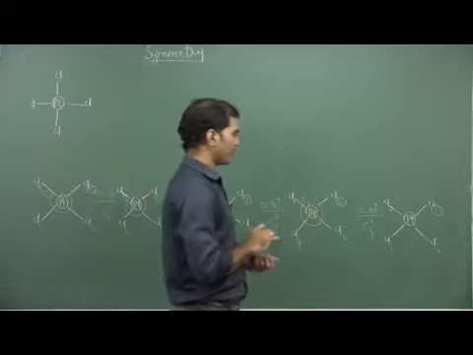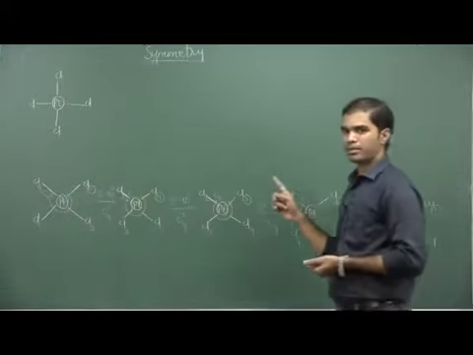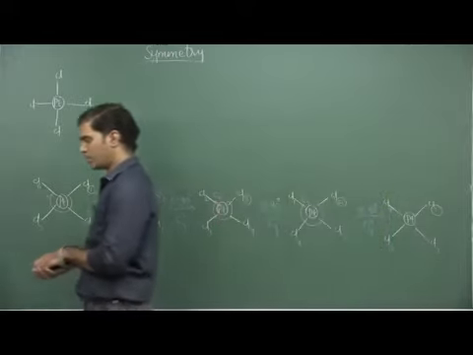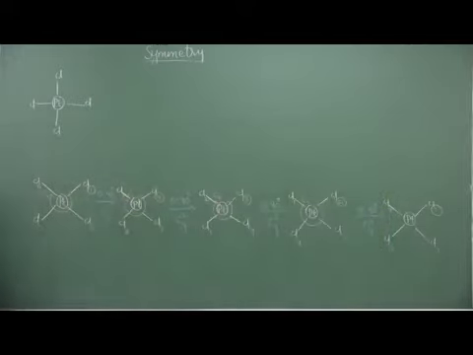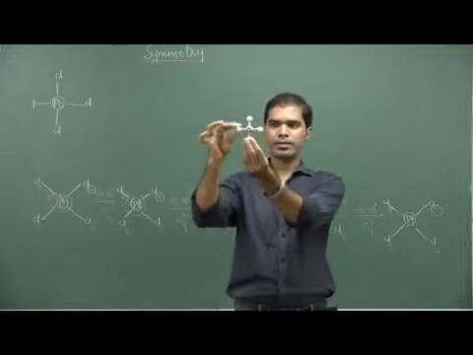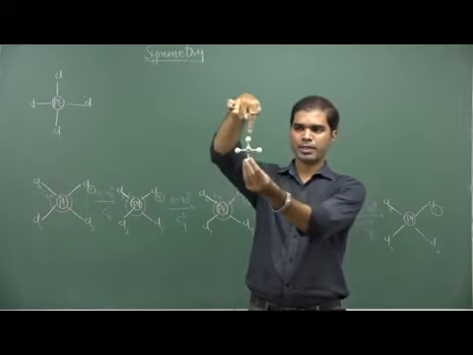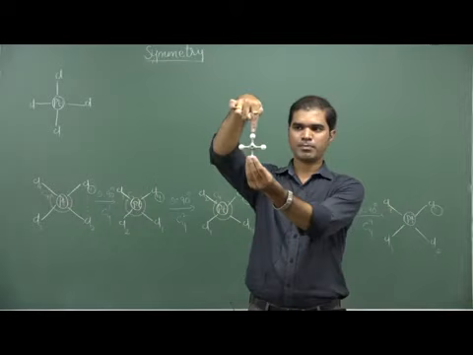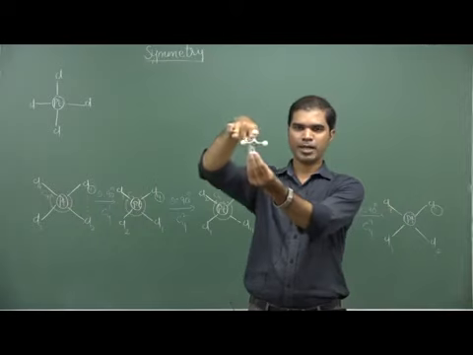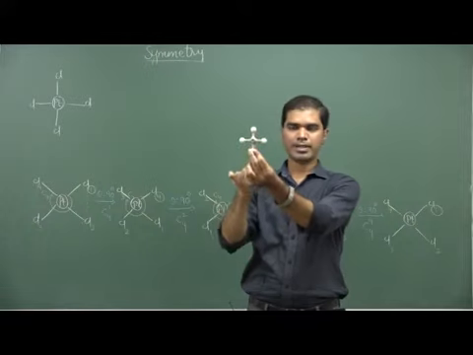Along with C4, what we also find is that there are C2s present in this. So where are those C2s, we will try to find. Now if I am holding the PtCl4 in this way, C4 was passing only through platinum. The C2 is passing through Cl, platinum and a Cl, which are linear, they are in line.